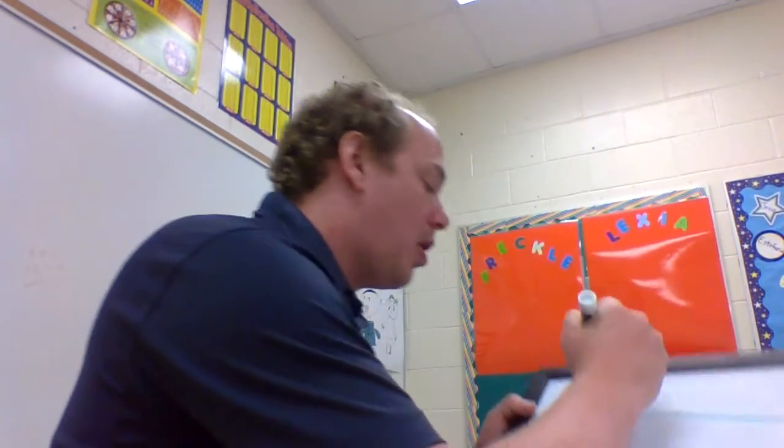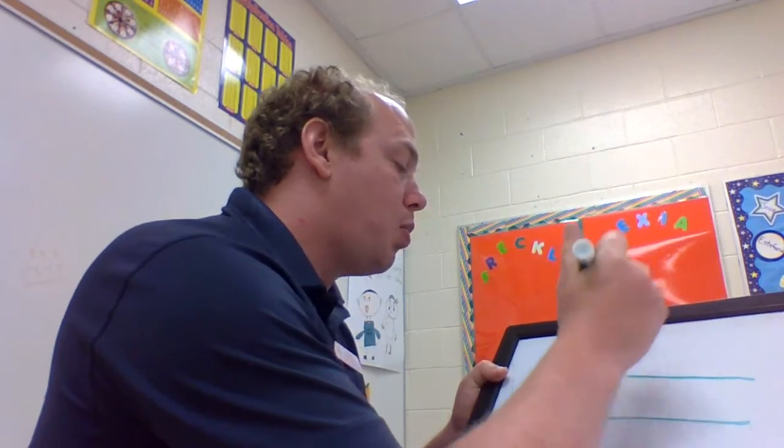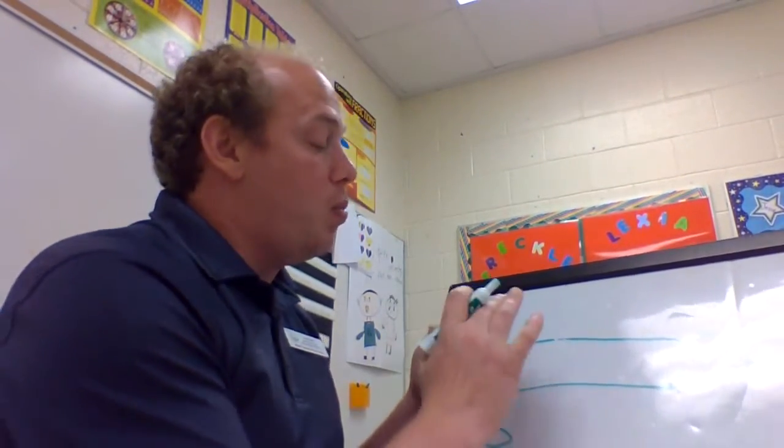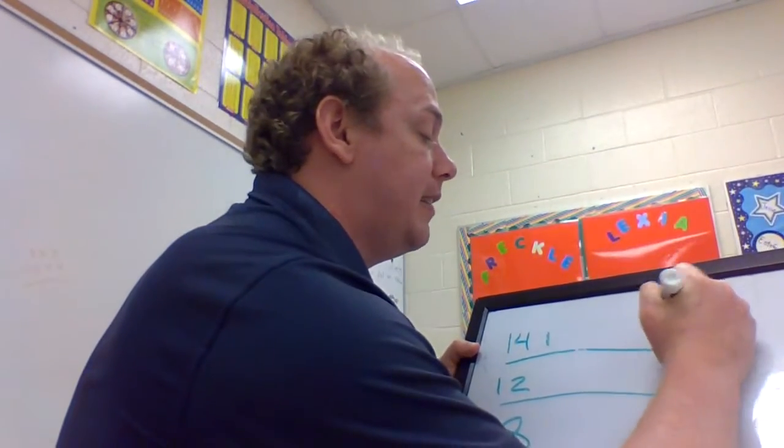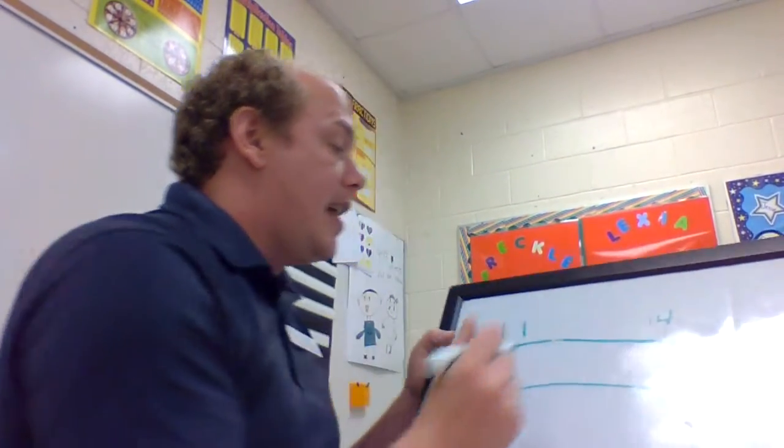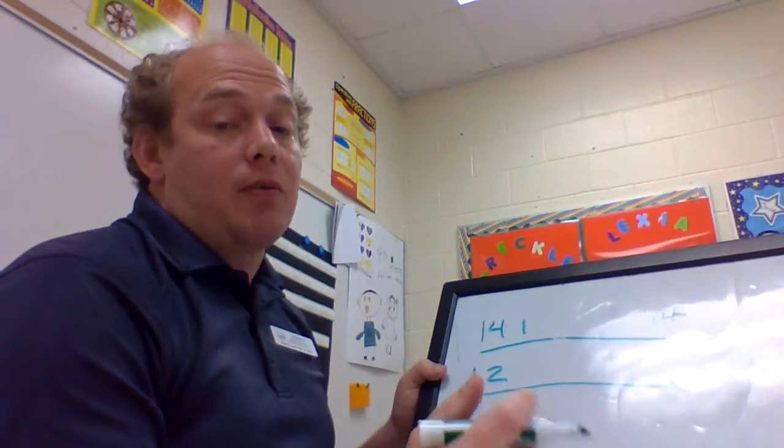So every number in the world has a factor of what? 1. Right. So 1 times what is 14? 1 times 14 is 14. Now, 12 has a factor of 1.